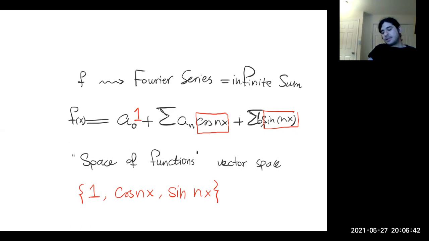Although this basis is not finite, it has infinitely many elements. But if we think about the space of functions as a vector space, and these functions as a basis, we can write any function as a linear combination of the elements of the basis.